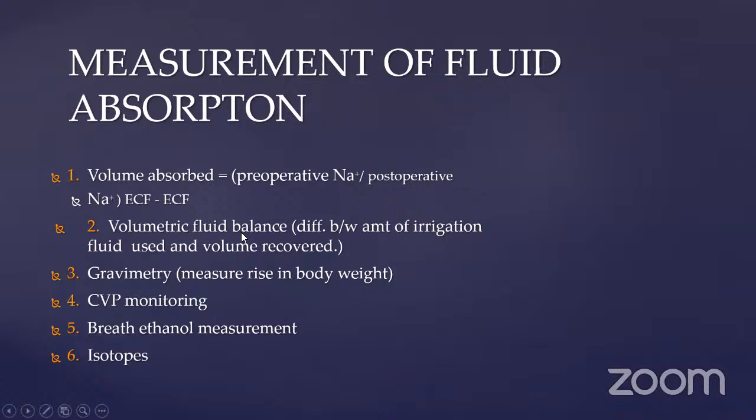Volumetric fluid balance is the difference between the amount of irrigation fluid used and the volume recovered. It gives the amount of volume that remained in the blood circulation. Gravimetry measures rise in the body weight. CVP monitoring is another measurement of fluid absorption, and breath ethanol measurement and isotopes. These are other methods.